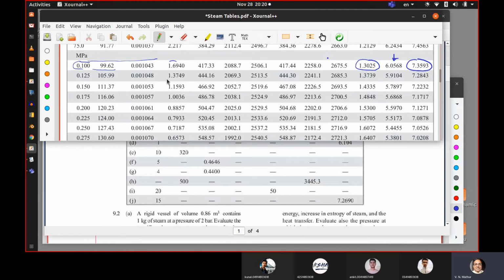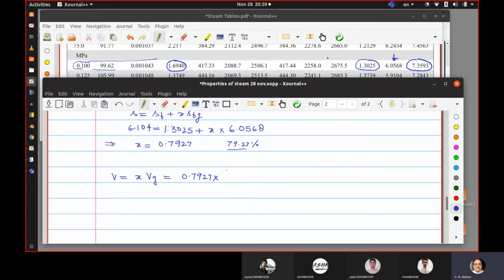This gives us 1.3428. I'm writing four digits after the decimal. So 1.3428 meter cube per kg.